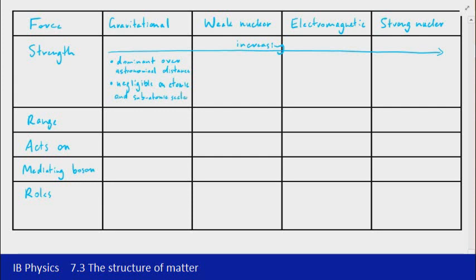One of the current areas of research in physics is trying to link gravitational forces in with the other three. So looking for a unified theory that basically groups all these in a way that they look like they're all representations of one single force.